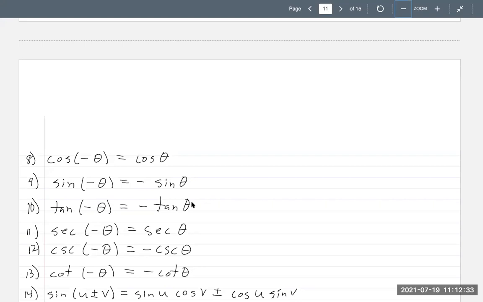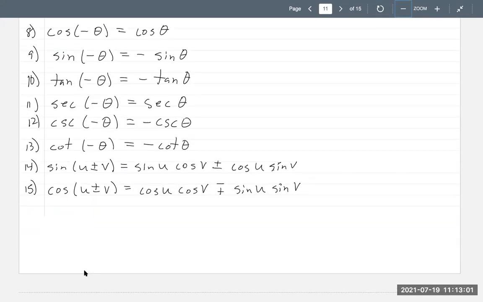So tangent is an odd function. Secant of negative theta is secant theta. So secant is an even function. Cosecant of negative theta is negative cosecant theta. So cosecant is an odd function. And lastly, cotangent of negative theta is negative cotangent theta. And so cotangent is an odd function.